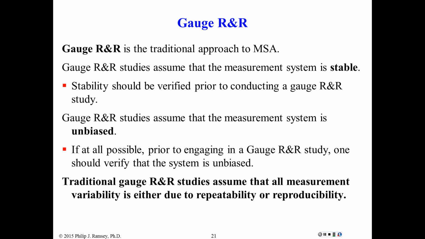In the early context of gauge R&R, where they typically looked at mechanical gauges made to very precise manufacturing standards, you could assume the gauges were unbiased, so nobody really worried about bias. In doing gauge studies, it's a good idea to get references or certified standards and check for bias in advance if it's appropriate for the measurement system. Sometimes it's an assumption you'll just have to make, and there's no way to evaluate bias.